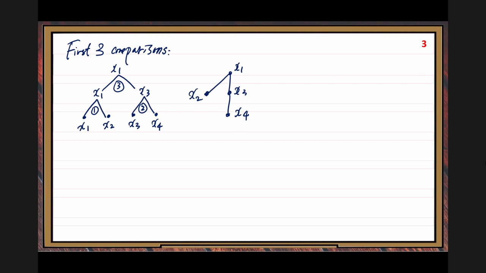Okay? All right. Then, look at comparison number 4 regarding X5. We need to use X5 to compare with one of the first 4 elements. Can you tell me which one is the best one to compare with X5? X1. Why X1?